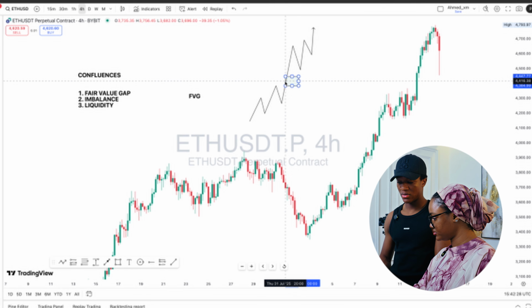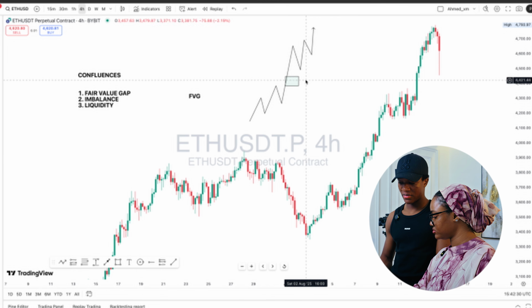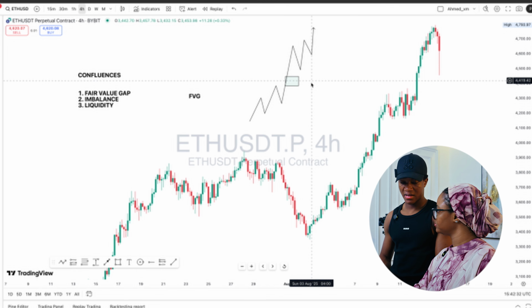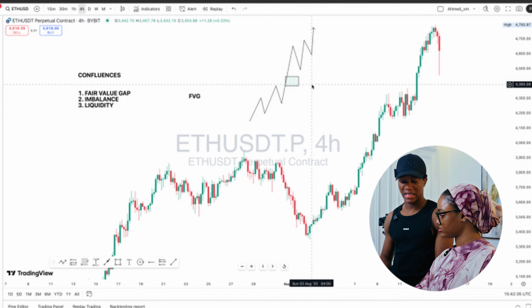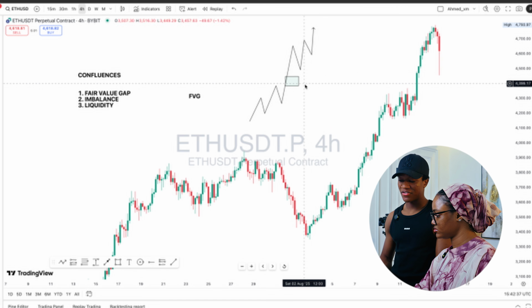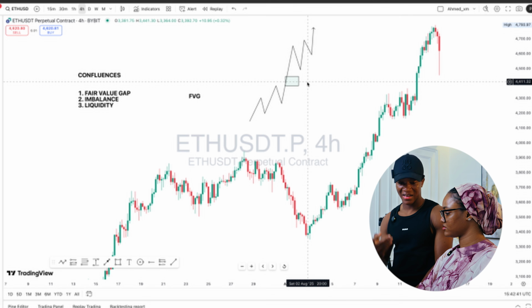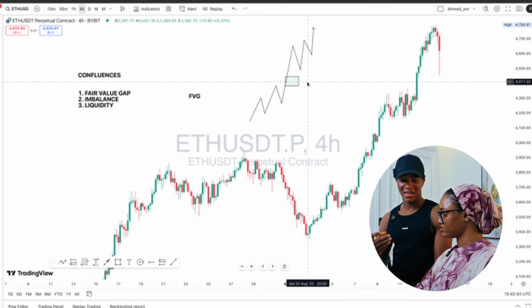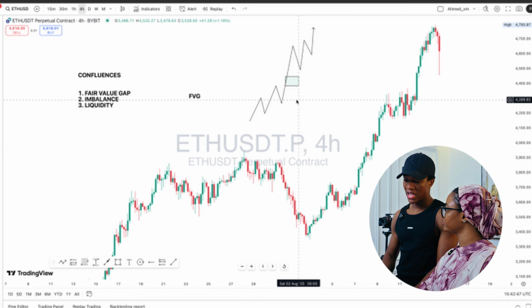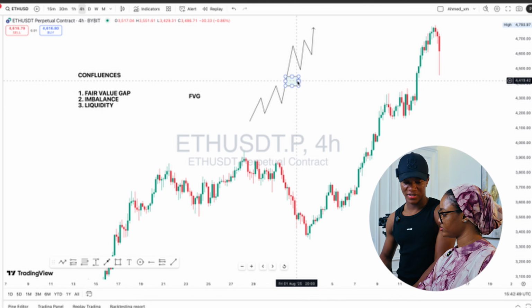Good. And then you wait for the market to come back and fill in that gap it left. Because that inefficiency will serve as a magnet. So it draws the market down to come and fill in this inefficiency or fair value gap before it continues going its way. And you as a trader, how do you benefit from this, right?